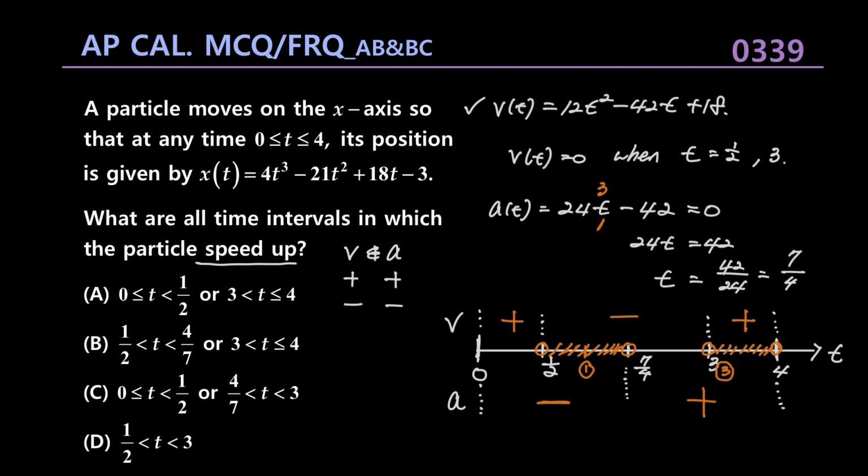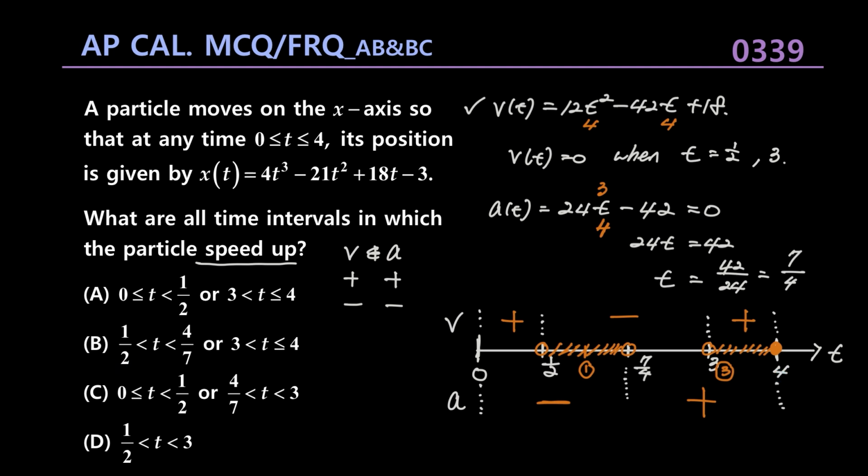But we have to include 4, because when t is equal to 4, velocity is going to be positive, and acceleration is also positive, right? So the answer has to be between 1/2 and 7 over 4, or from 3 to 4 included.